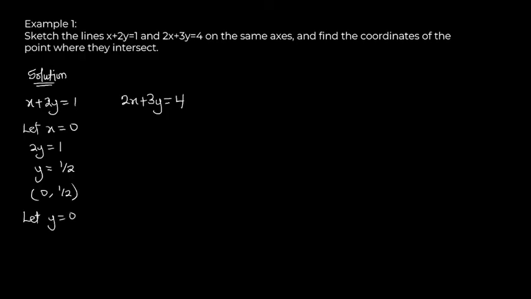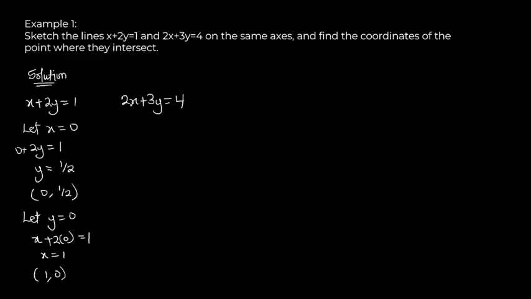Then the equation becomes x plus 2 times 0 is equal to 1, so x is equal to 1. Therefore our coordinate will be (1, 0). So these are the 2 points we are going to plot for this equation.